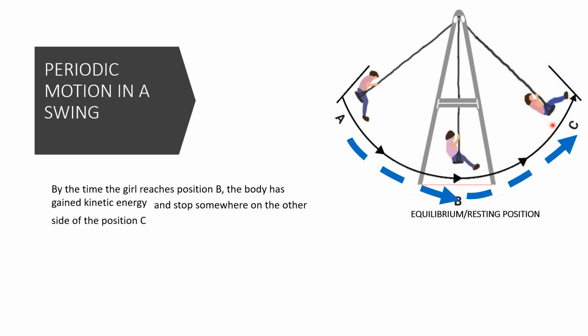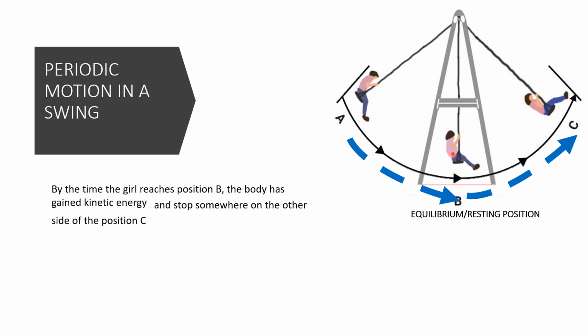When she is at position C, again, in this position she experiences a restoring force. She is pulled back towards the equilibrium position. So the same thing happens, and then she gains kinetic energy. And then, she moves again towards position A. And then, the restoring force again will move this object back to its resting position.